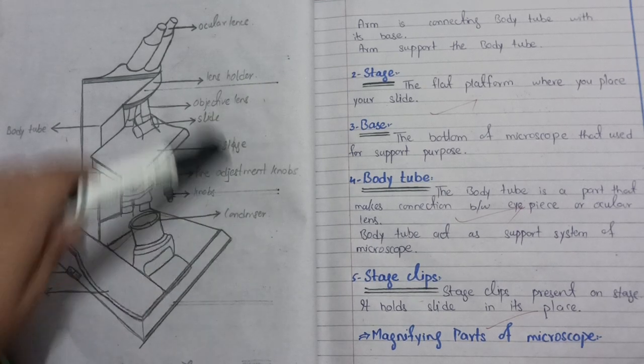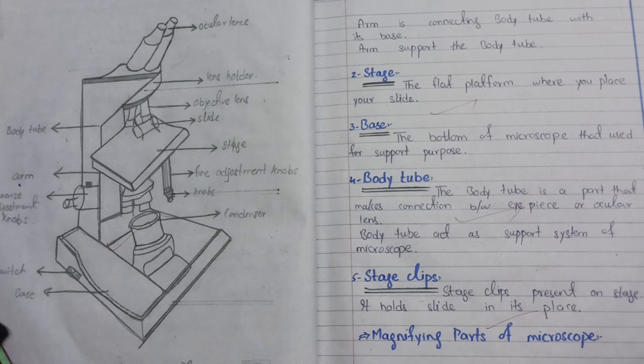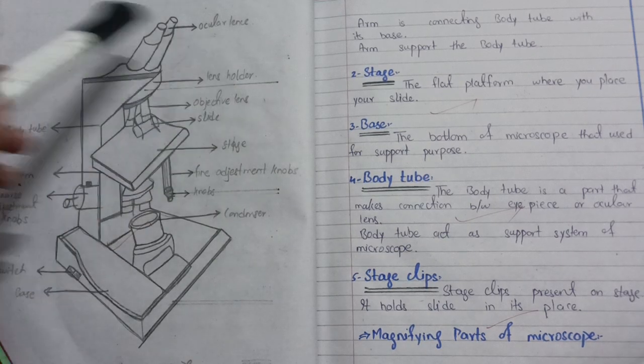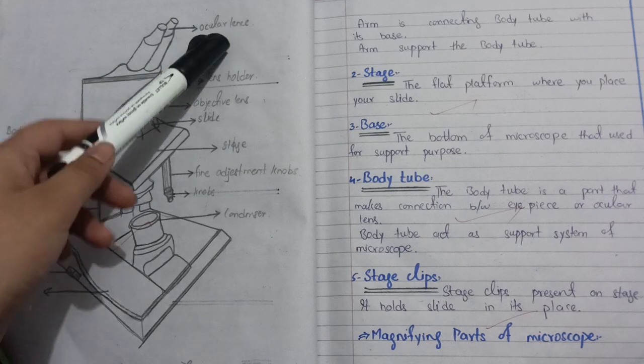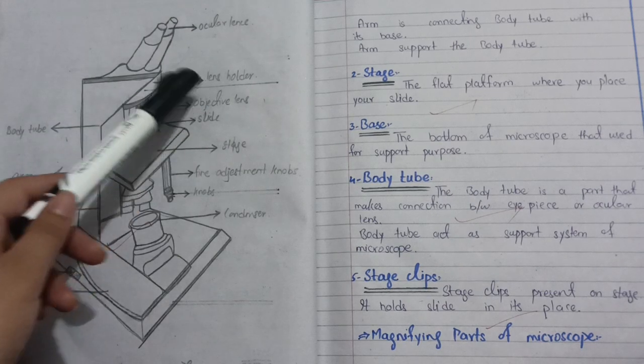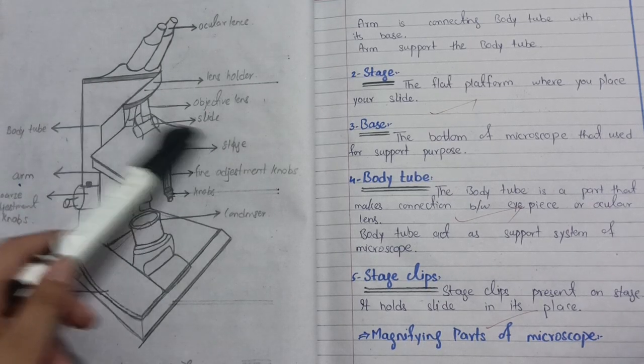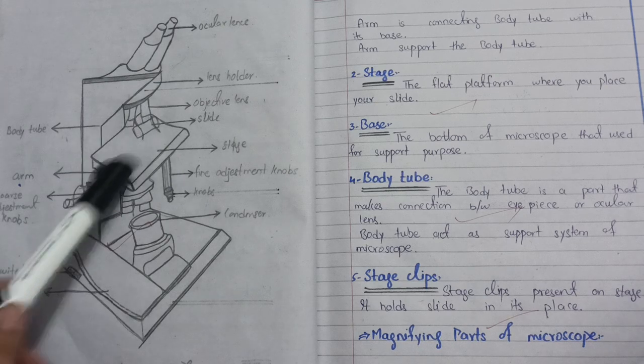So here I have drawn the diagram of a simple microscope, the previous diagram. Now here this is a compound microscope, just having a little bit of difference. They contain the ocular lens, they contain the lens holder, objective lenses are here. This is the slide, this is the stage.